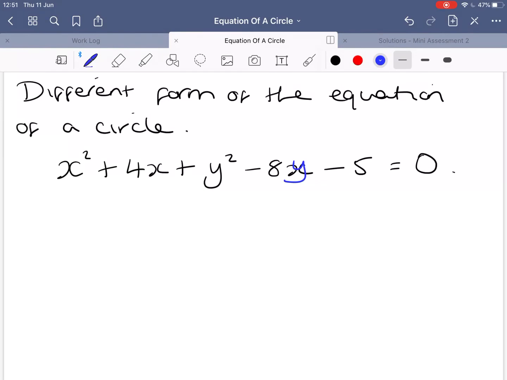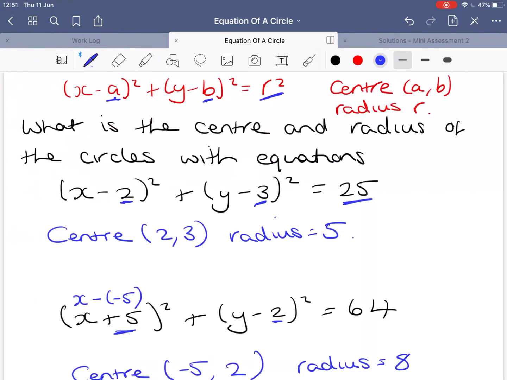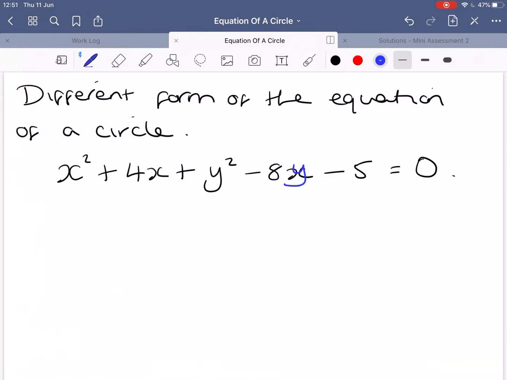Now, it's not obvious. This form was brilliant. It was in the form where it tells me the centre and it tells me the radius. But this doesn't. The minus 5, you can't think of that as telling you anything to do with the radius, because it doesn't.